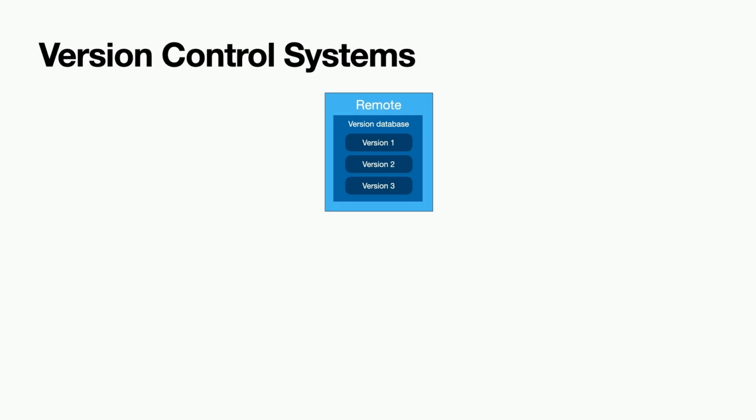Okay, but what is a version control system? So let's say we have a remote repository somewhere in the cloud or an institutional server where we have a so-called version database where we store all our source codes. In this version database, multiple versions of the code exist, mainly historically, but in different branches that we will cover later in this video.